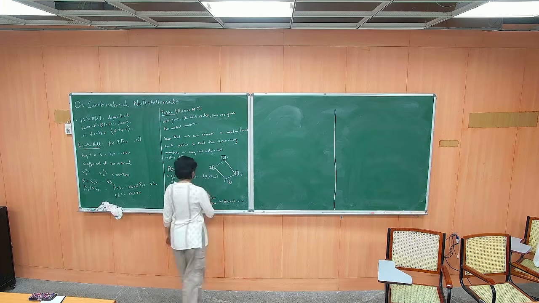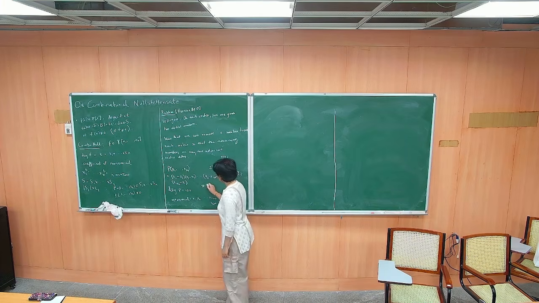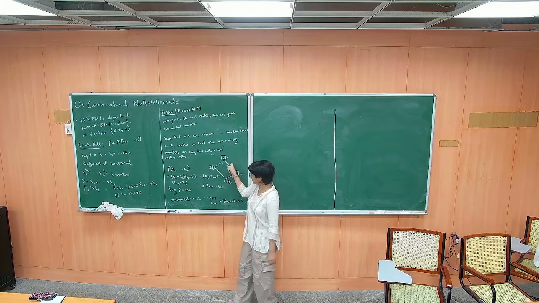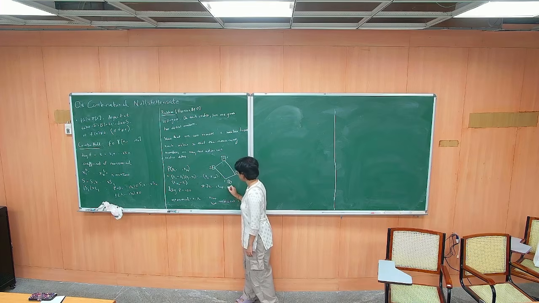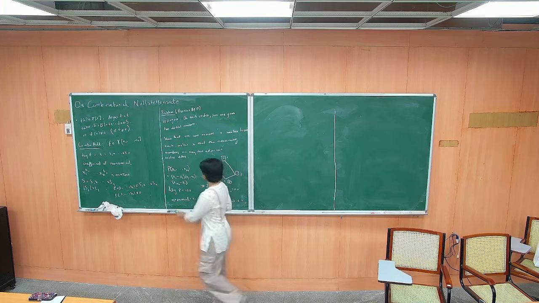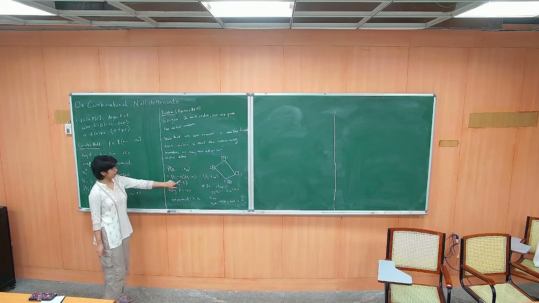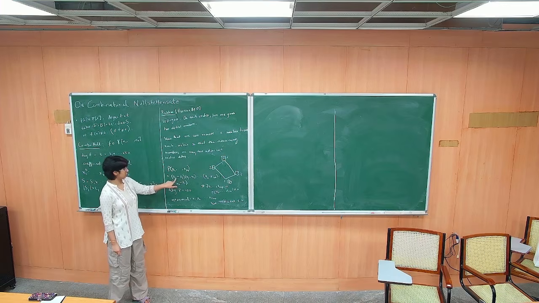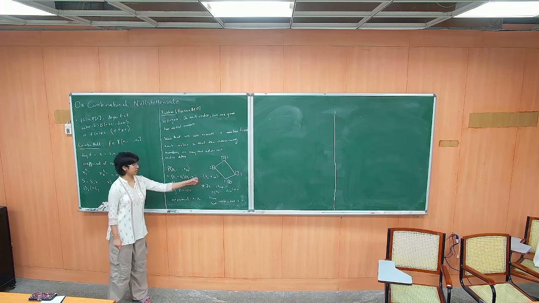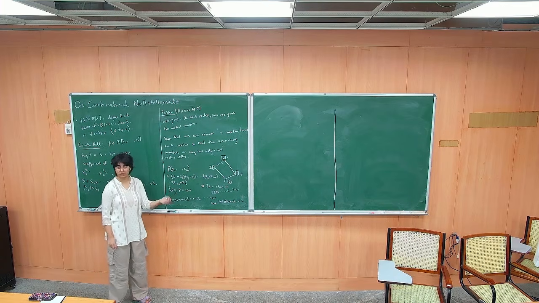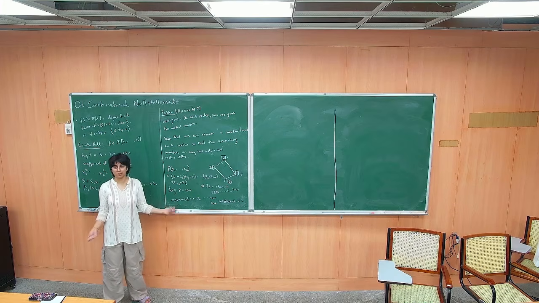So there exist s1 to s100 from my sets such that the polynomial at them is non-zero. And if it's non-zero, then we're done, because that implies that these s1, s2, up to s100 all differ. And that is all we wanted.